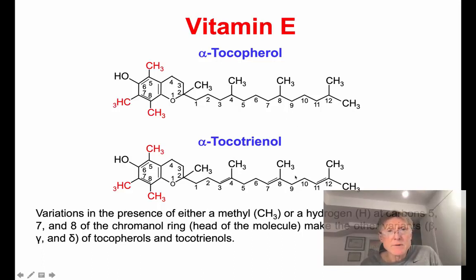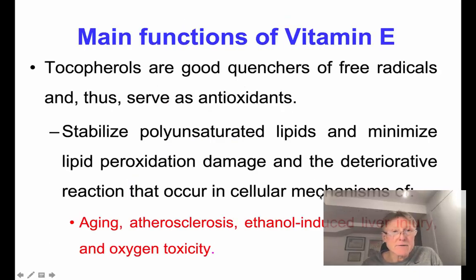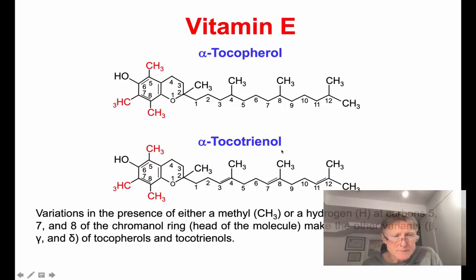Now, both the tocopherol and the tocotrienol can be subdivided, or there are three different variants of each of them, depending on what they have on carbon 5, 7, and 8. So you have this methyl here, methyl here, methyl here, same thing here, here, and here. So carbon 5, 7, and 8.